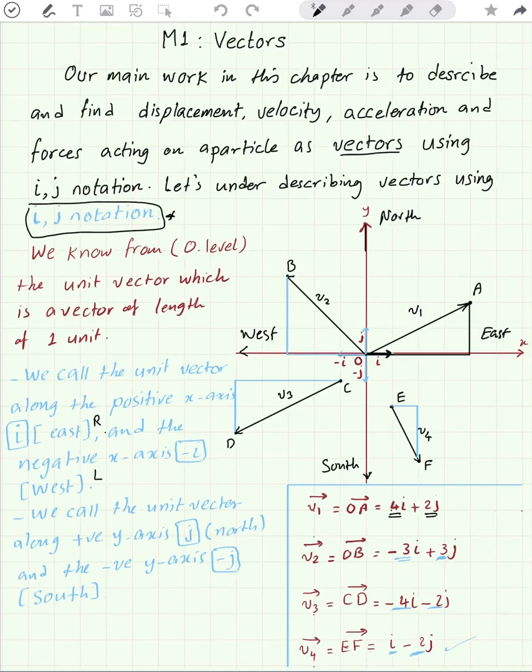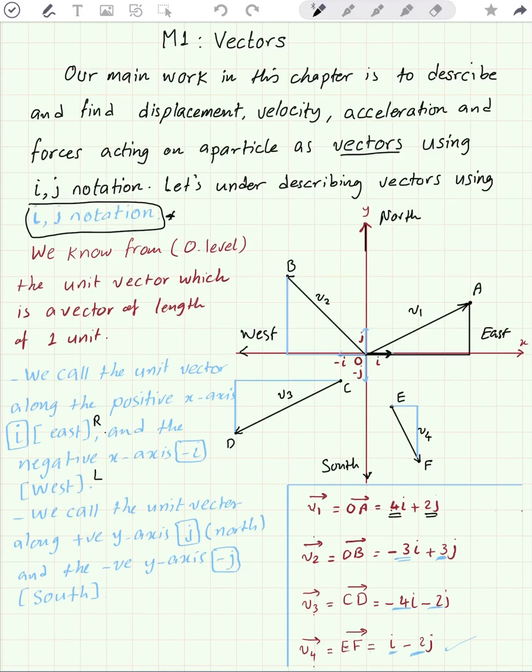To see it on a grid like this. So the vector I is the unit vector in the direction of the positive x-axis. It's called I, or to the right, or east, as you wish. All of these words will be used in this chapter. So the positive direction of the x-axis is east, due east.